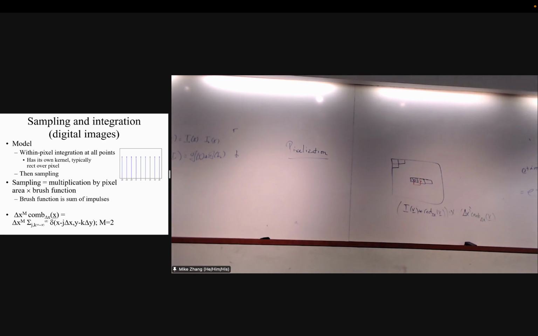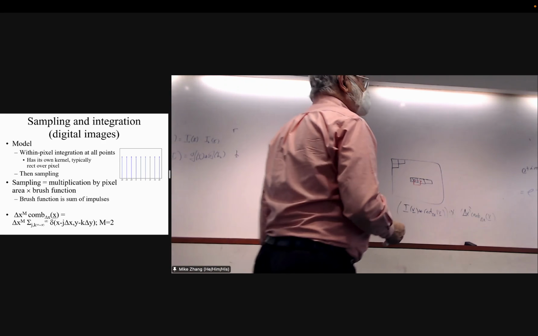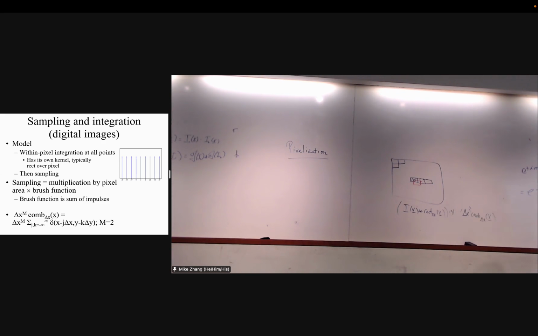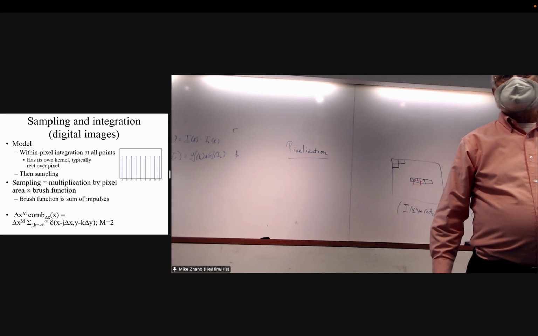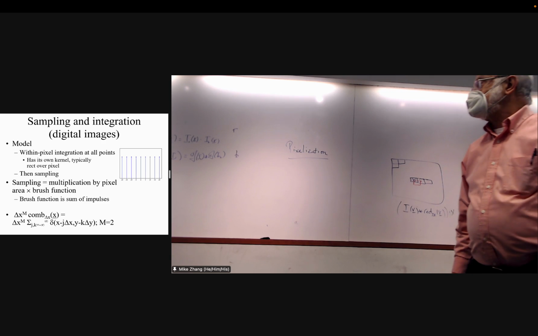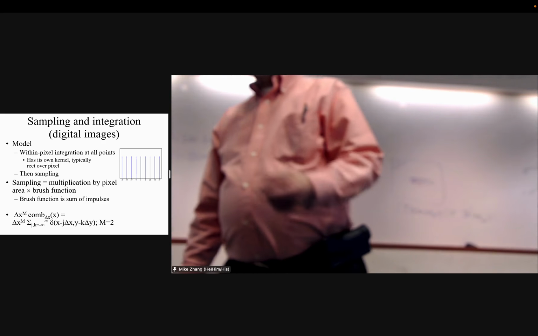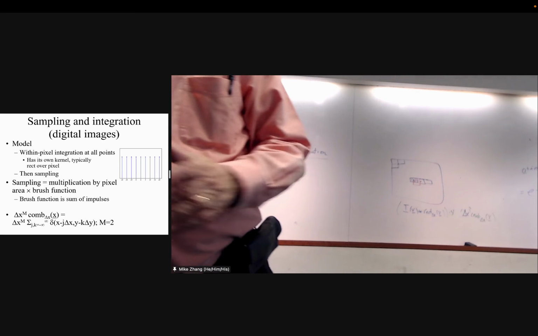But the point is, instead of a comb function, if you want to compare different pixelizations, you need to get everything comparable, and that means that the function you want in 1 dimension is going to be this thing, delta x to the m times a comb. And a comb is a sum of delta functions at all the different integer multiples of delta x, to be more precise.